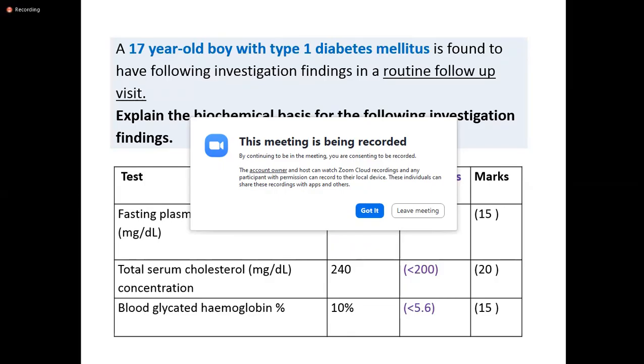Diabetes mellitus is a syndrome of chronic hyperglycemia due to absolute or relative insulin deficiency or both. In type 1 diabetes mellitus, there is an absolute insulin deficiency because insulin production is reduced due to destruction of pancreatic beta cells. His fasting blood glucose level is higher than the normal range. That means he has hyperglycemia. His insulin glucagon ratio is lower than normal.